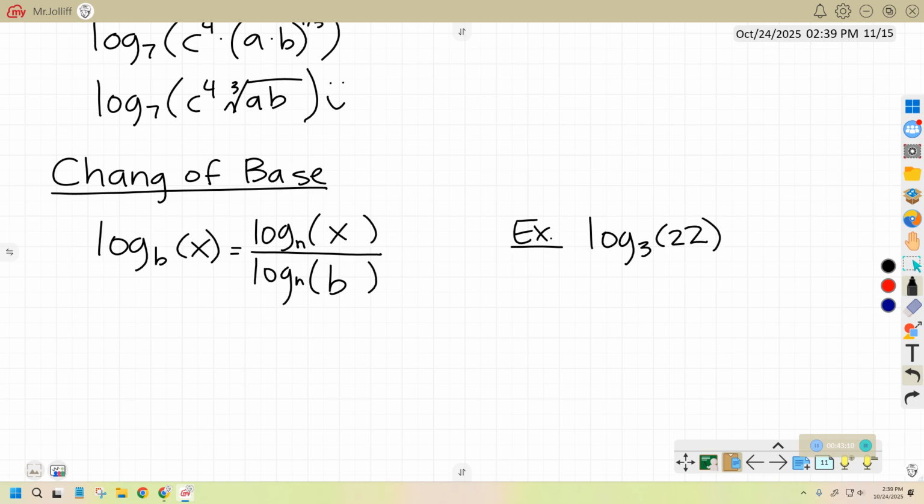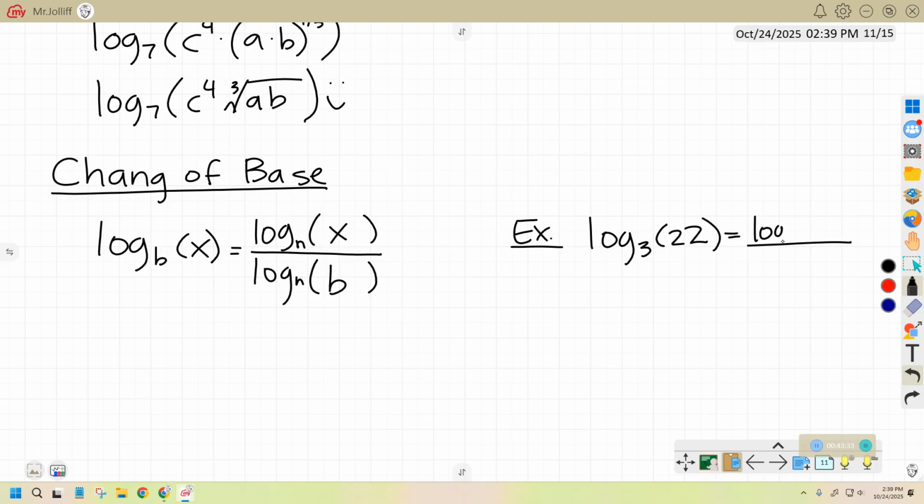So let's say I want to evaluate log base 3 of 22. I don't have a base 3 button on my calculator. So I'm going to use change of base to turn it into a button I do have on my calculator. Do we want to do base 10 or base e? Preference, Alan? 10.